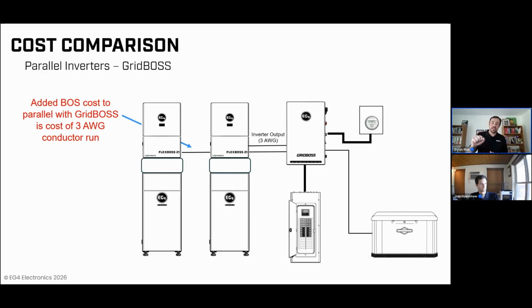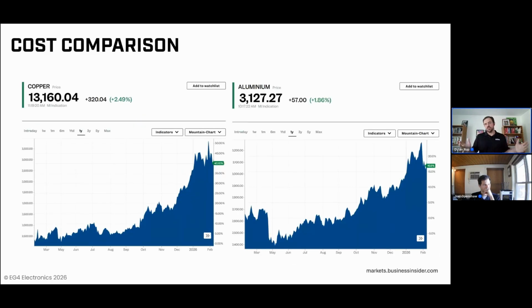We had that dedicated input for something like a generator, a dedicated input for the AC coupled solar, and that will be distributed equally and the power flow optimized between the different hybrid inverters deployed on site there at the GridBOSS itself.